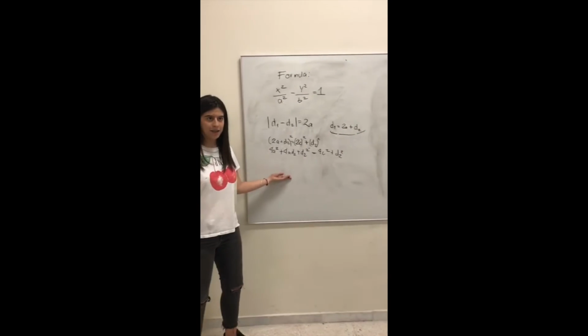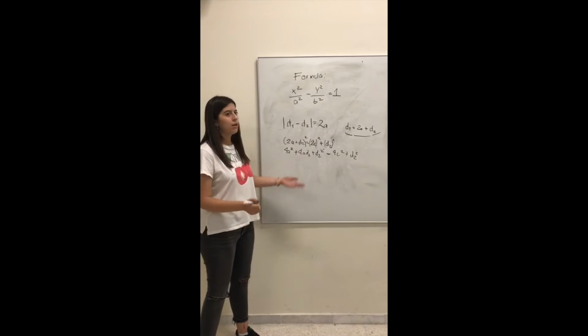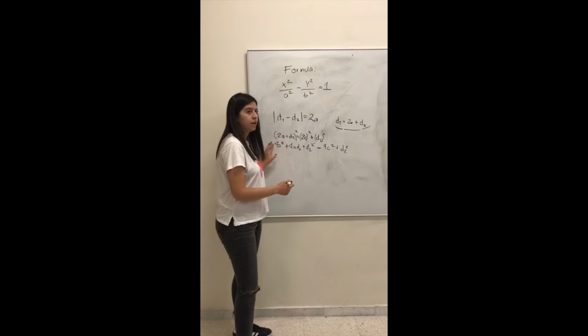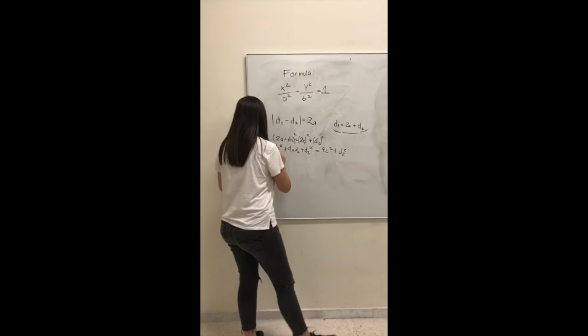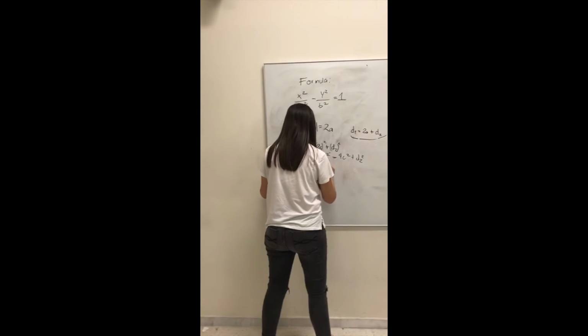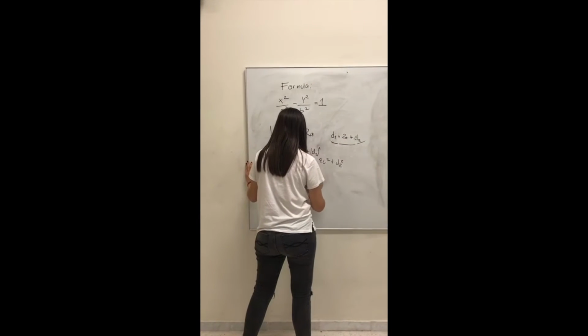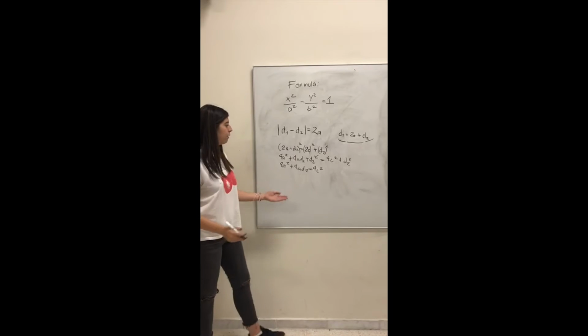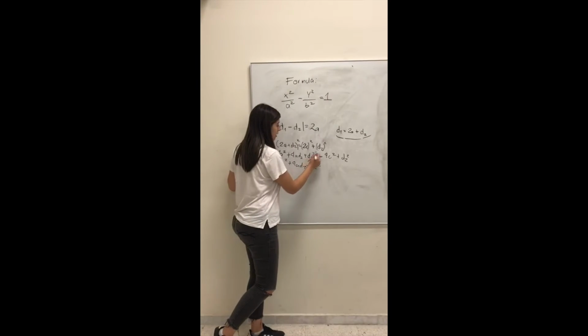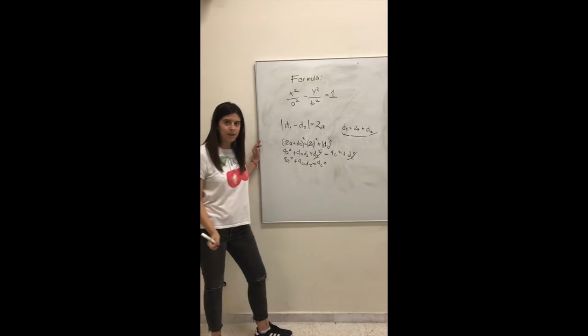Am I right? Yes. And then what will we do? That will end in 4A squared plus 4AD2 is equal to 4C squared. Why? Well, for those who don't understand, we're canceling the distance 2 from both sides.